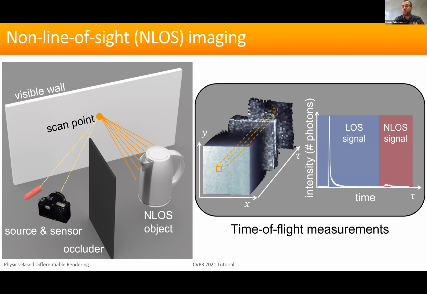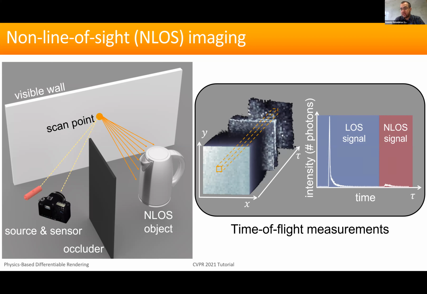A first strong peak corresponding to the surface that is immediately visible to us, and then a second very, very small peak, a few photons that corresponds to photons of third bounce or higher order bounces coming from the invisible object. So using time-of-flight measurements effectively lets us separate the amount of light that's coming back to us only from the non-line of sight scene from the light that comes back to us from the line of sight scene.